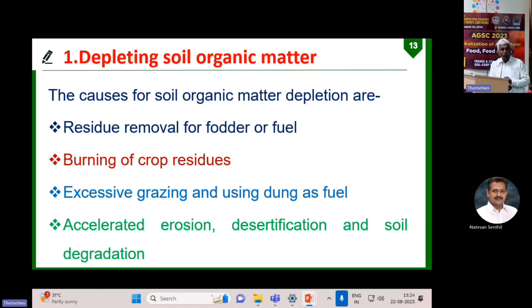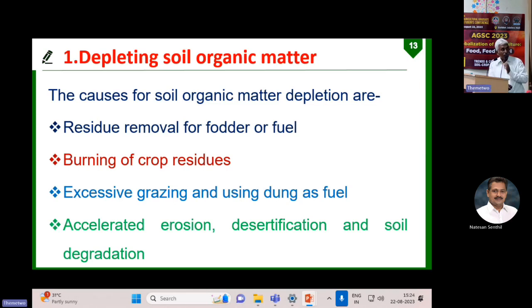Next, burning of crop residues is a major problem wherein we are unable to maintain the organic matter. Excessive grazing and using dung as a fuel is also very true, mostly in North Indian conditions. This dung is used as an important fuel in most cases, for boiling milk and so on. That may not be the case in our area, where mostly we use it as manure.